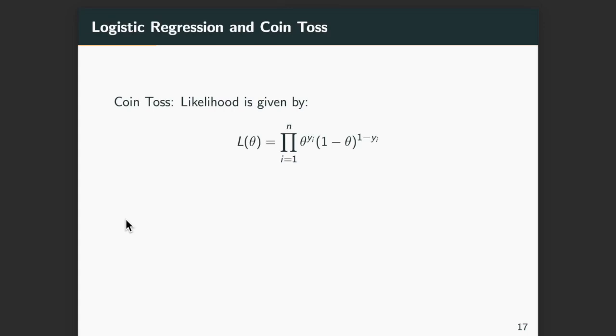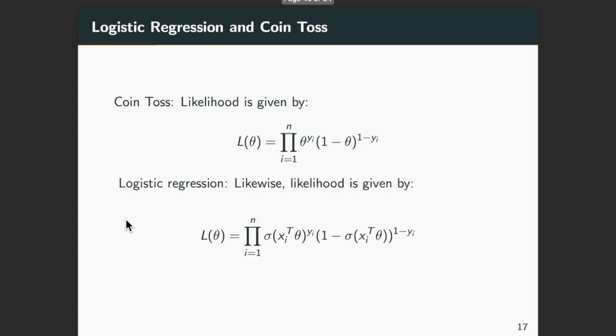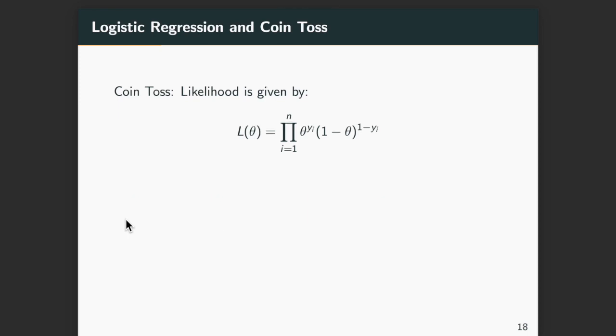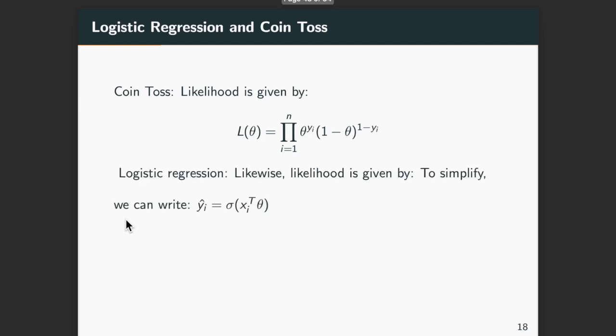So likelihood now becomes theta to the power yi into 1 minus theta to the power 1 minus yi. Similarly, for logistic regression, it becomes sigmoid of xi transpose theta to the power yi into 1 minus sigmoid of xi transpose theta to the power 1 minus yi. Instead of always writing that big expression in terms of sigmoid, let's write something simpler. Let's write yi hat equal to sigmoid of xi transpose theta.